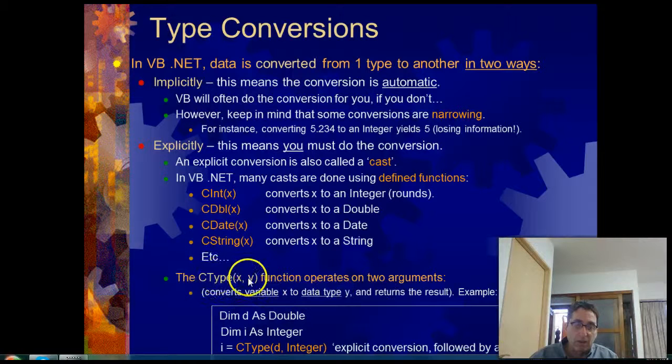So you can do it like this, CType, and then you put in X and Y. So for example, suppose D is declared as a double, and I is declared as an integer. So if you put D into CType and say now I want it to be an integer, now it will be an integer. So explicit conversion, followed by an assignment afterwards.